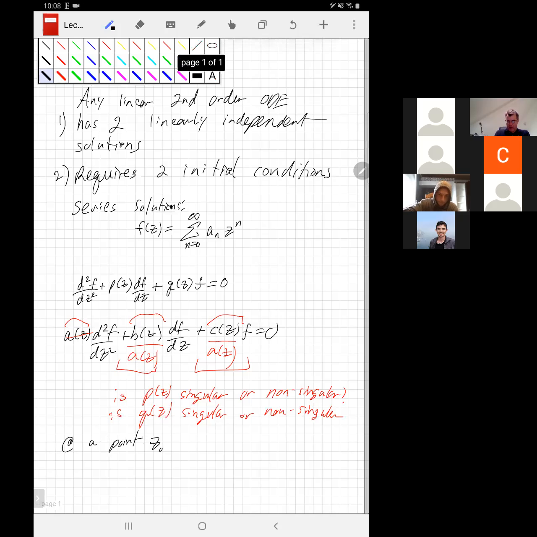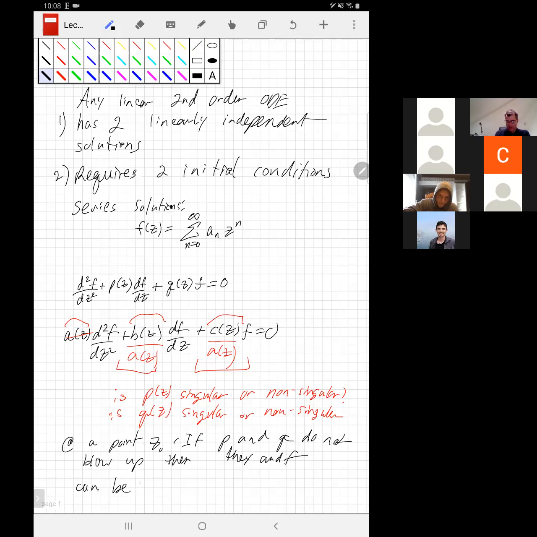So if it doesn't blow up, if P and Q do not blow up, then they and F can be written as Taylor series or power series.